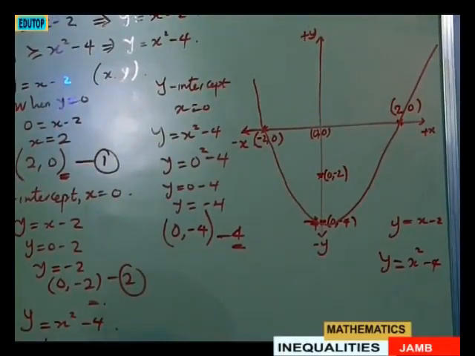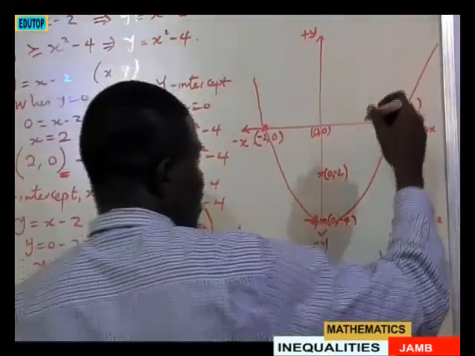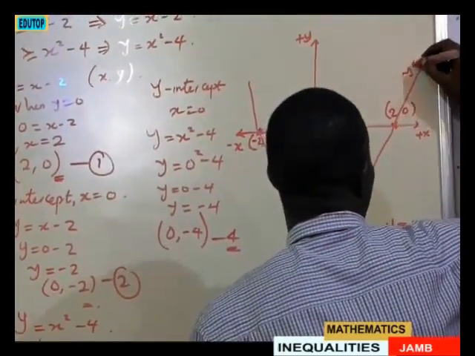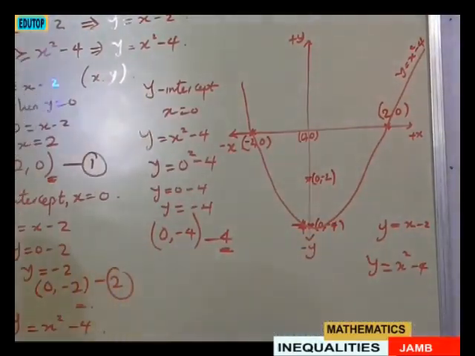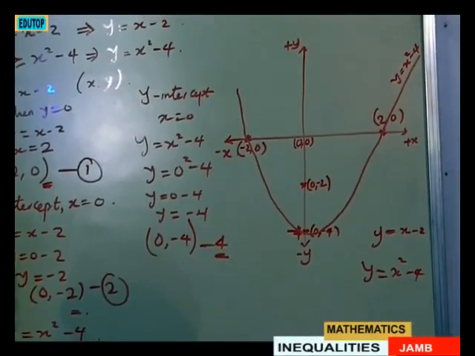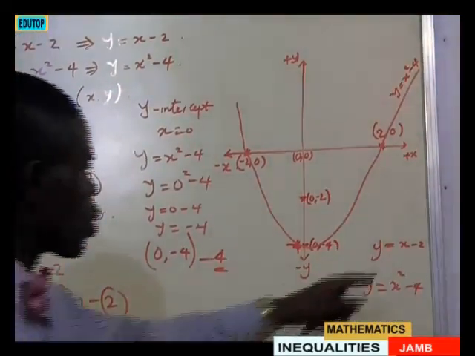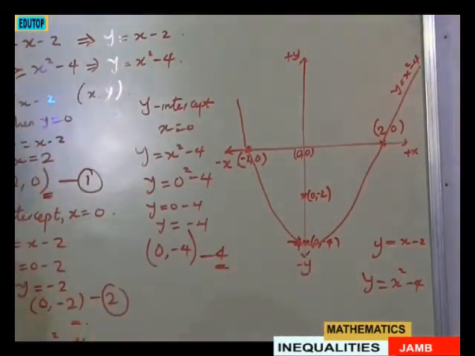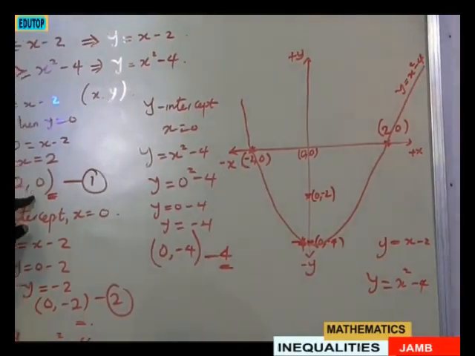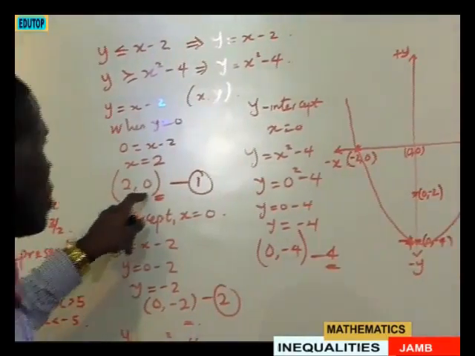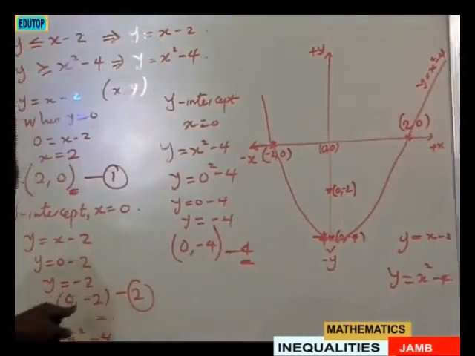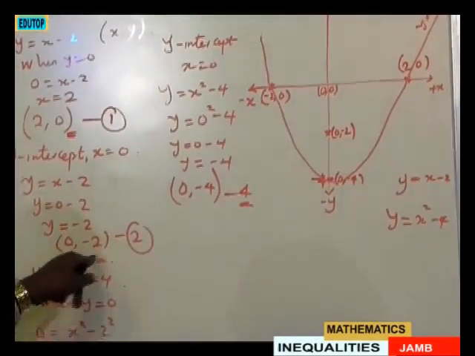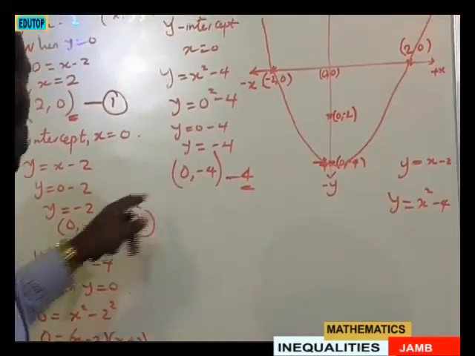So in this situation, you can now write on this one, y equals x squared minus 4. Then the second graph is a straight line graph, and that's the graph of y equals x minus 2. And the graph of y equals x minus 2 has which coordinates? 2, 0, which is here. And also 0, minus 2.